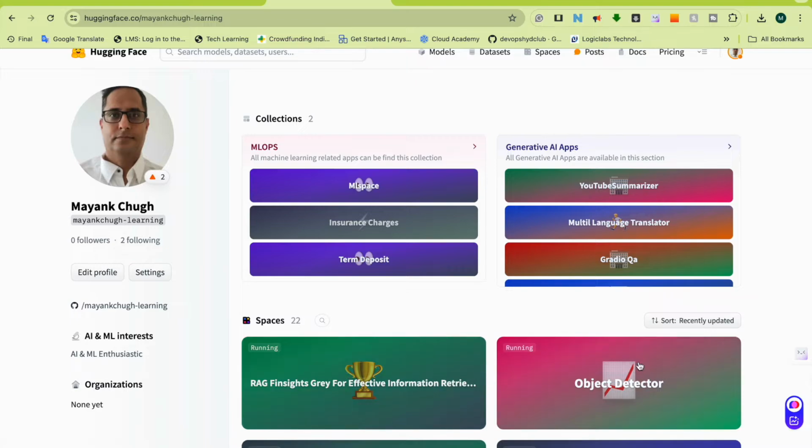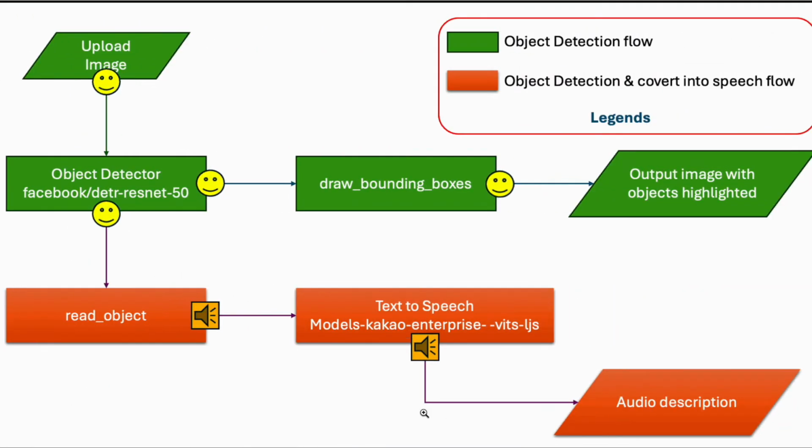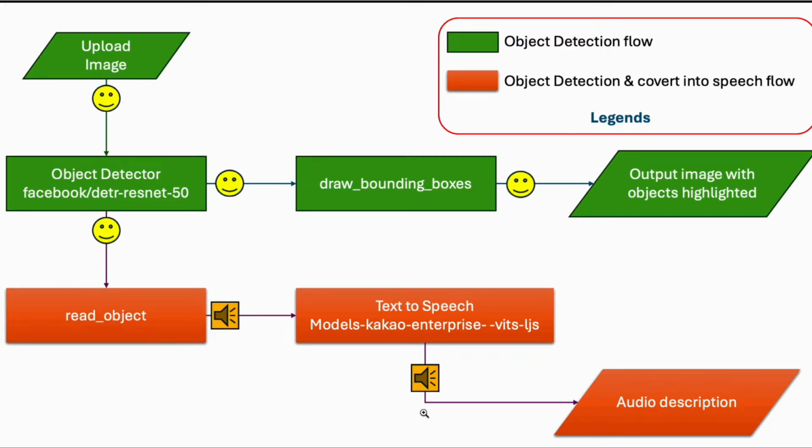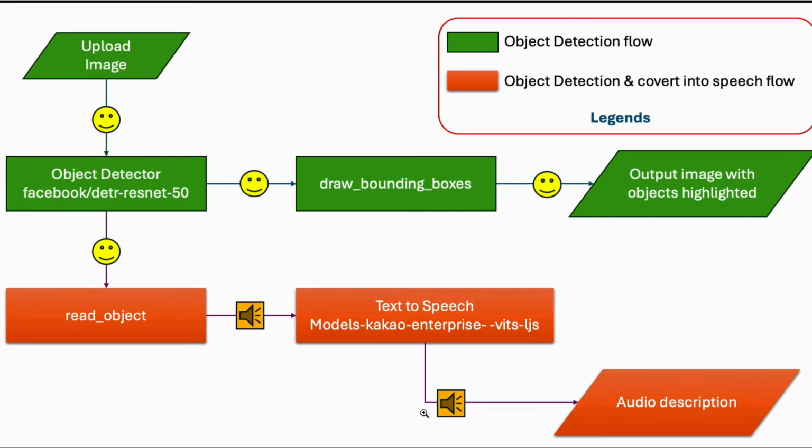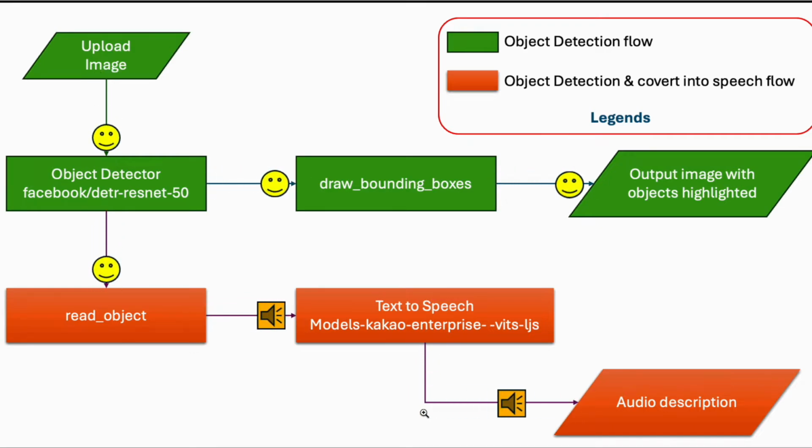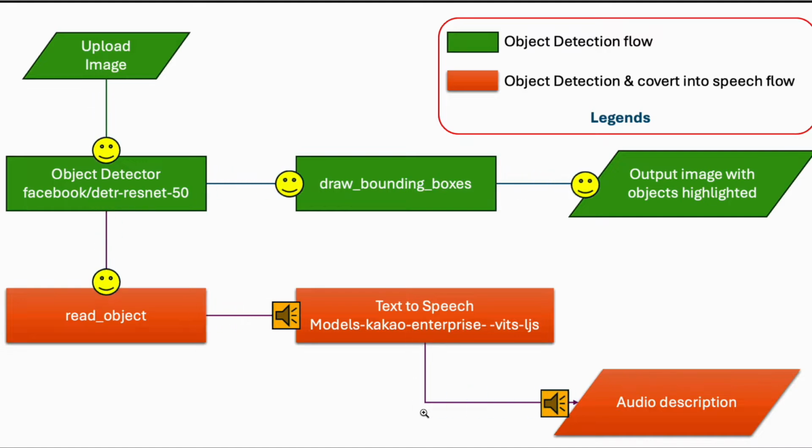What will the enhancement look like in our project? We have developed an object detector: we upload an image, use a model to get the text from the image, and then define a box over each object and give the text on top of it.